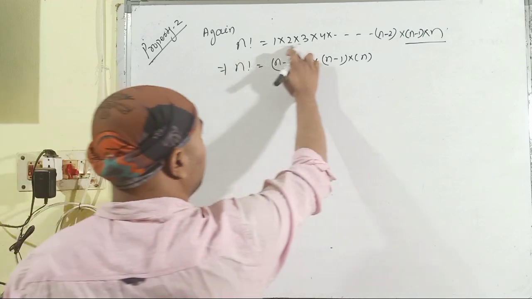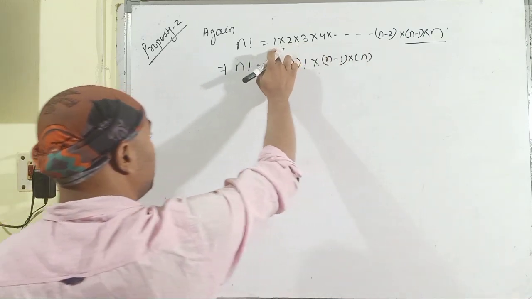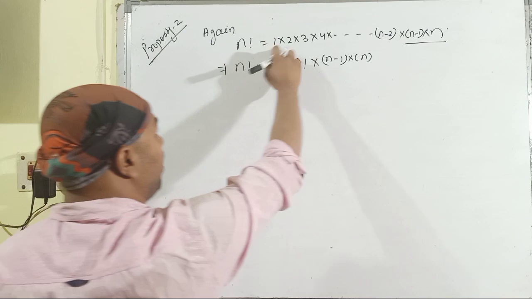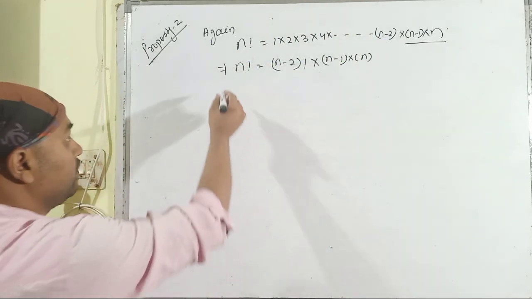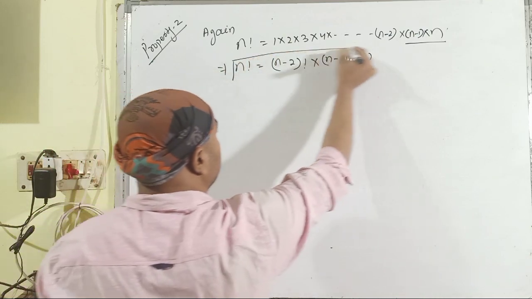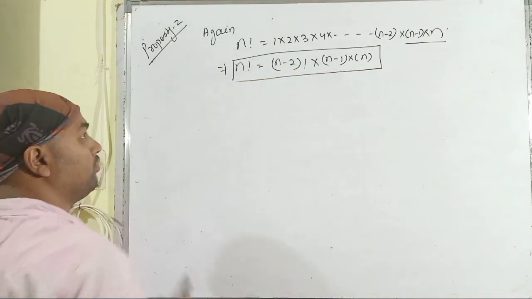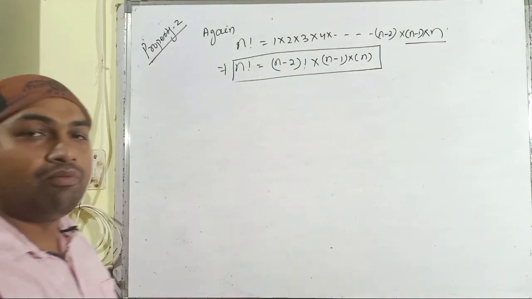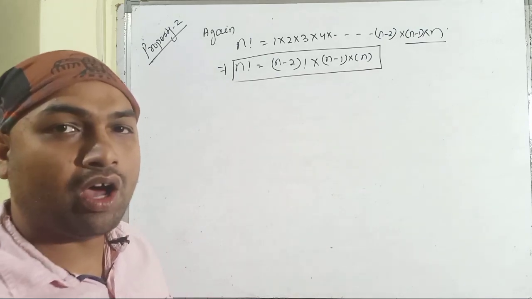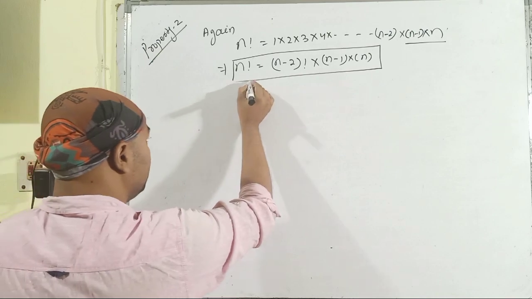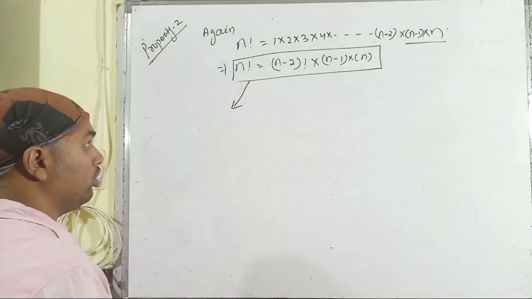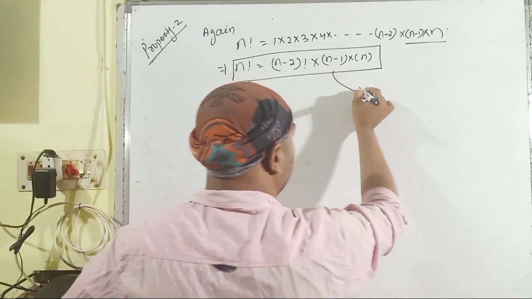Here we can have the multiplication of all of the terms, the continued product from 1 up to n minus 2, which is factorial of n minus 2. So it is another formula that is derived from the general formula of the factorial topic. Let us consider some of the examples.